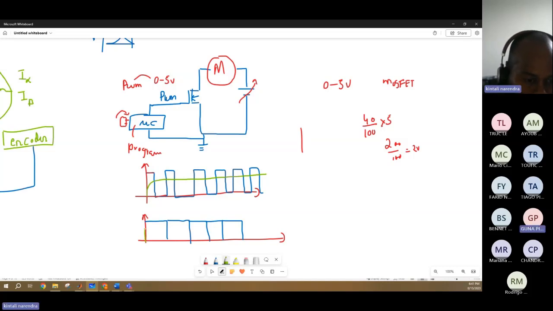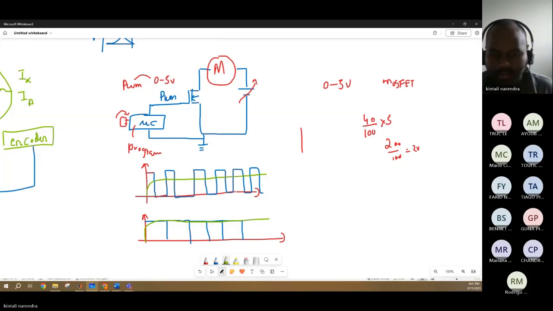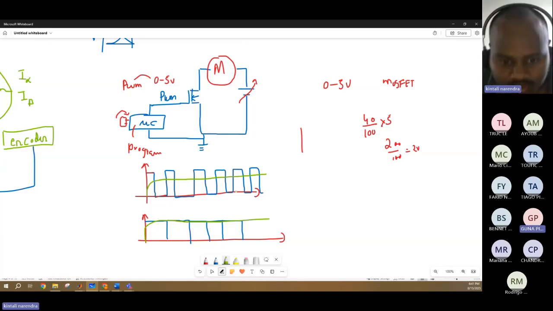Then the average value you gave is 100 percent, which means the total 5 volts you're applying. Or if you want to apply 3 volts, then your duty cycle will be different.